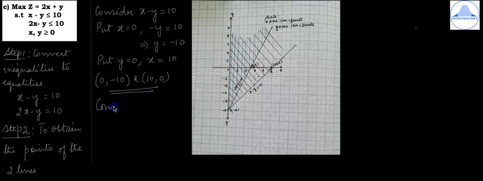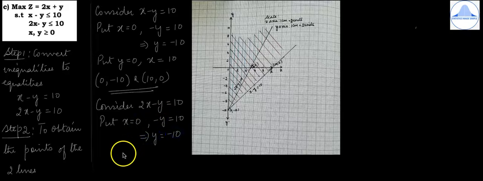Now take the next equation. Consider 2x minus y is equal to 10. Put x equal to 0. So you'll get minus y is equal to 10, which implies y is equal to minus 10. Next you put y equal to 0.